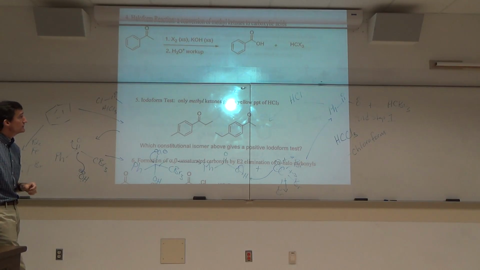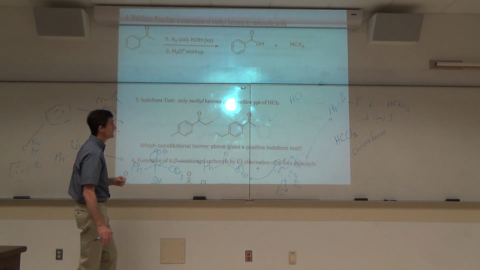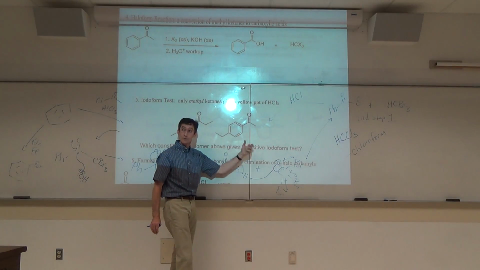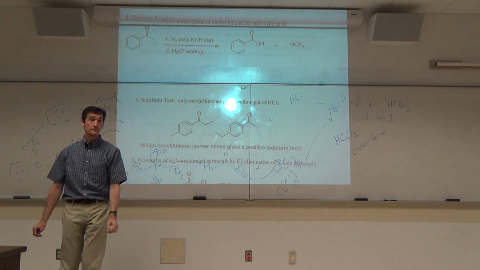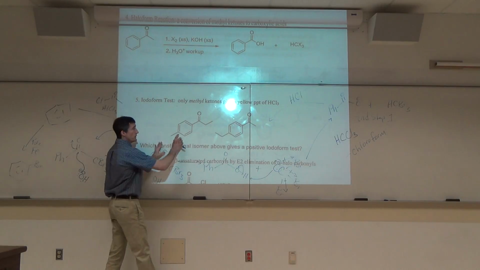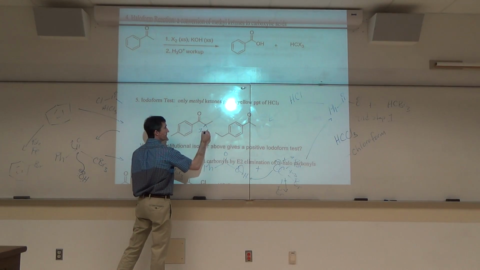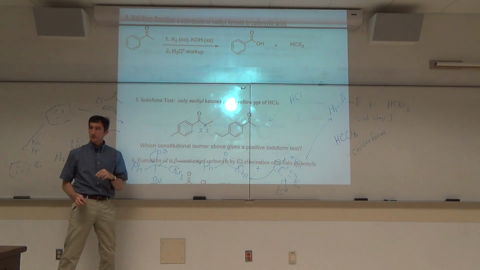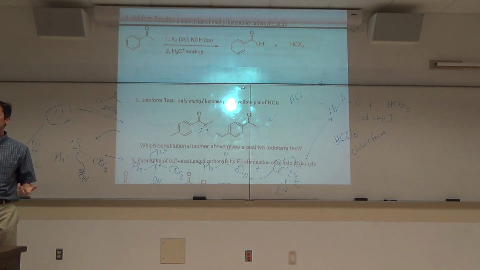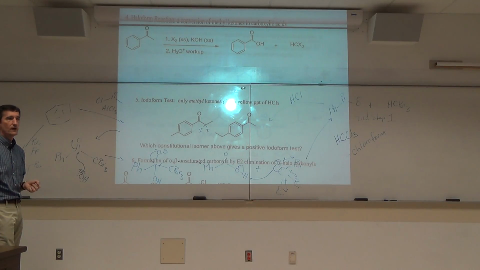Which one would give a positive iodoform test? Far right. Obviously this one, because it's the methyl ketone. This one, you will put 2 iodines here when you treat it with hydroxide and iodine, but it's not going to get cleaved off and produce the yellow precipitate of iodoform. So that's a chemical test.